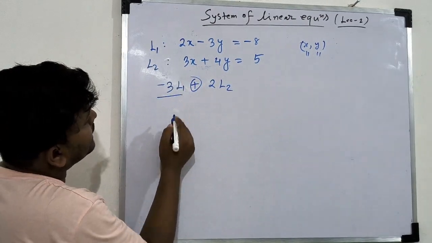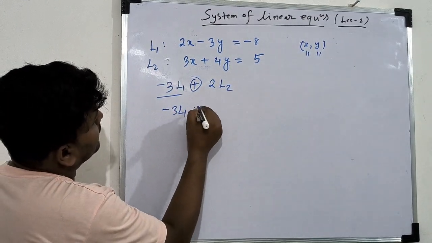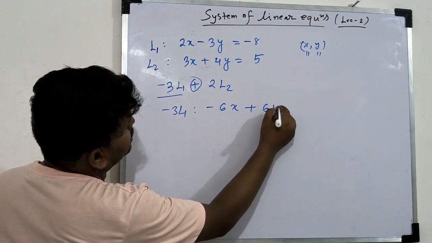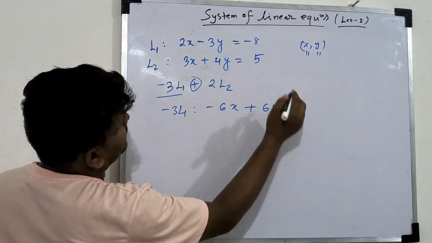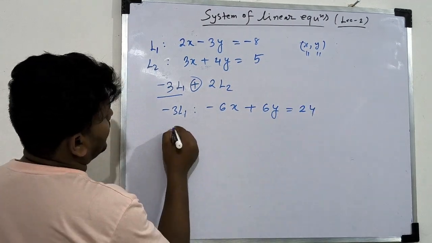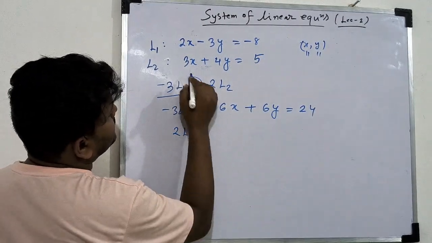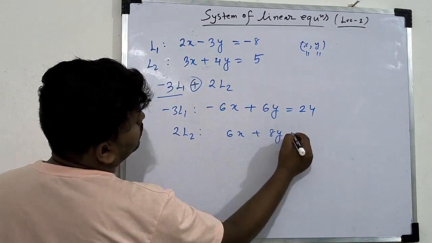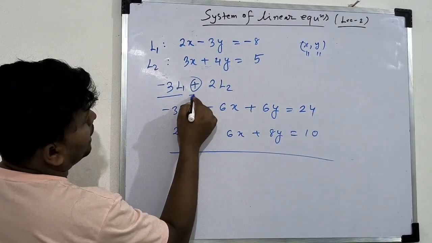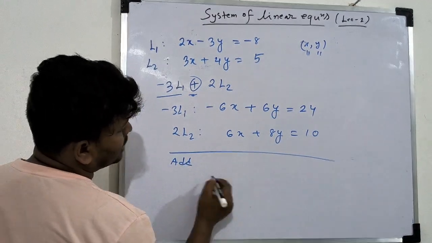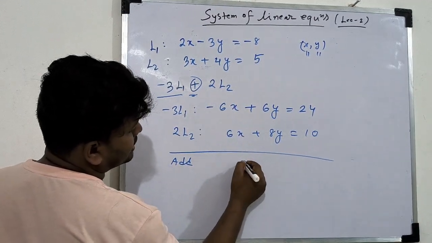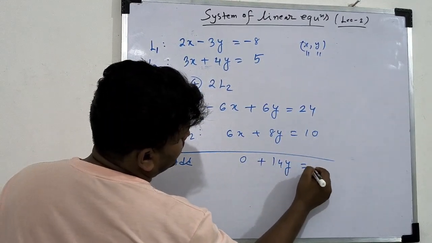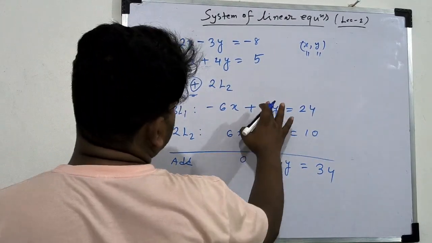So first take minus 3L1, that is minus 6x plus 9y, and this will be minus 24. And if we take 2L2, this will be 6x plus 8y equals 10. And we add. By adding we get minus 6x plus 6x, that is 0, and 17y, and this will be minus 14.